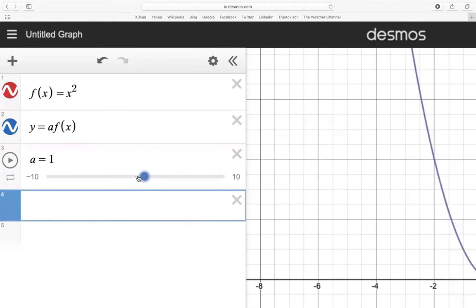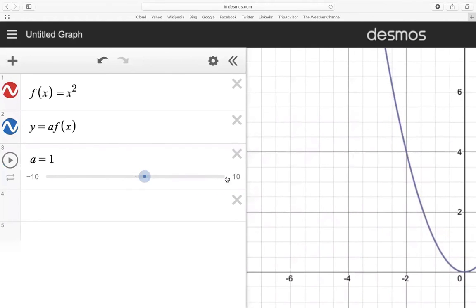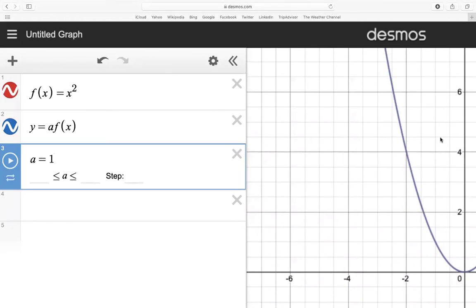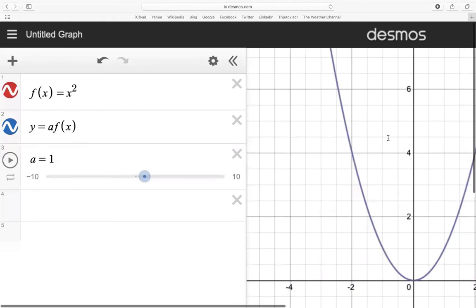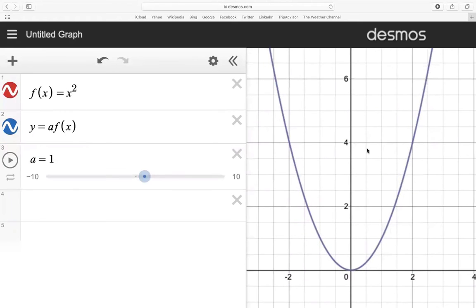I will move this point back and forth to see how the a value changes the original function. Assume at this time a equals 1. The original red curve is identical to the blue curve.